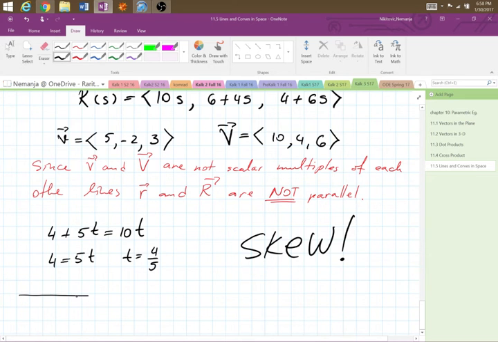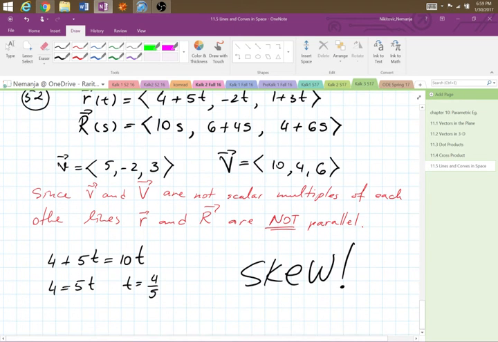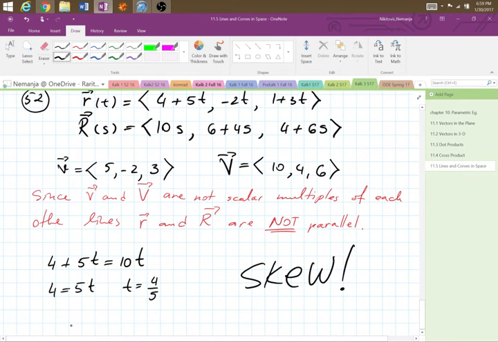So you don't have to check for all three? No, you calculate 4/5 on the first one, and then you check in the second one. Well, I didn't write it, I should write it. So we calculate 4/5 from the first one, and then I plug 4/5 in the second one. What do I get? I get -2 times 4/5.